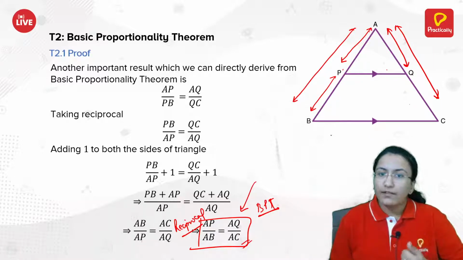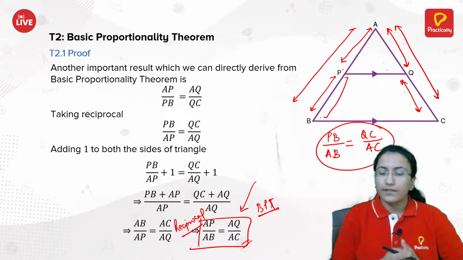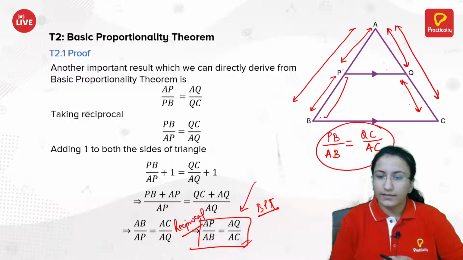You can even write this result as PB divided by AB, like this much length divided by complete length, is always equal to QC, this much length divided by complete length, that is AC. You can even write the result as this.